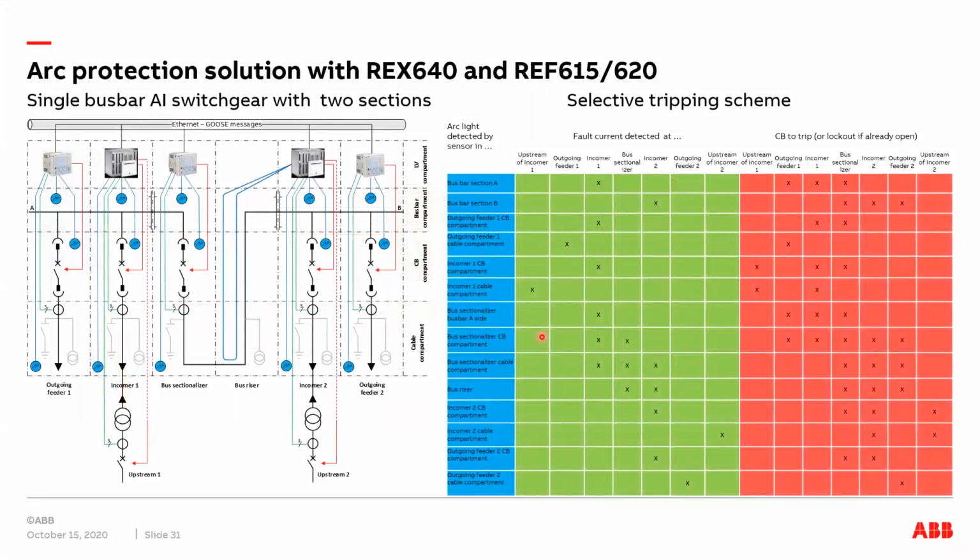Then we also have the possibility to provide solutions with integrated arc fault protection in Relion relays. So with the REF615 or REF620 series, or with our high-end relay REX640.